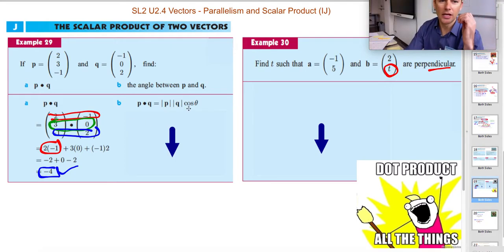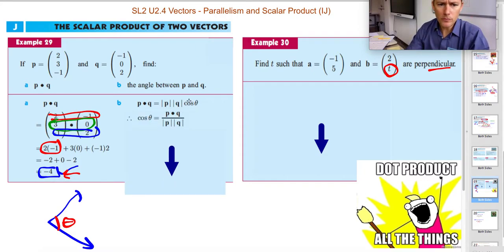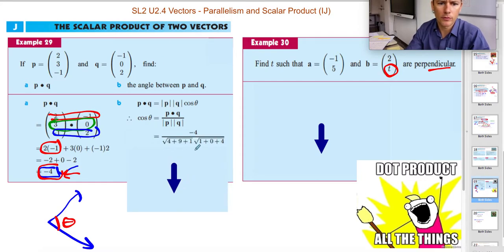Fine. If we're trying to find the angle between them, like angle P and angle Q, maybe coming out of the board at you, we're going to need this piece to solve for theta. So if we rearrange our equations and solve for cosine of theta, we have the dot product right here, -4, and these are just the magnitudes of P and Q. You know how to find the magnitudes: square each component, add them up, take the square root.